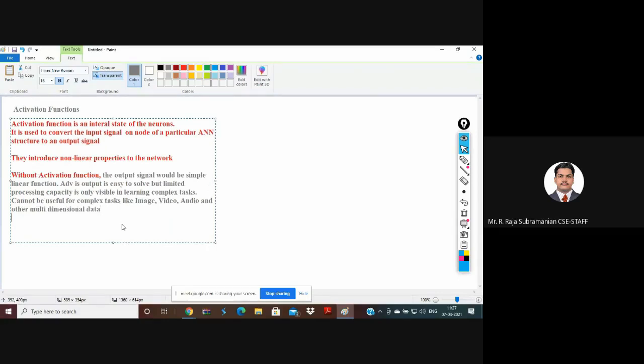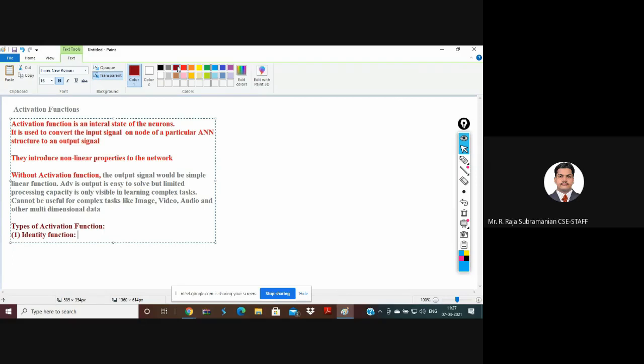Let us see what types are actually available here, right? Types of activation function. The first one, the very basic one, is called the identity function. The identity function is a very basic activation function, not useful for complex tasks.